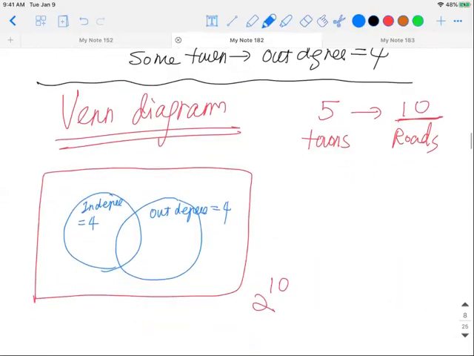So the $1 million question is here. The overlap part is the part where they still have some terms with in degree 4 and some terms with out degree 4. Please help me to determine what is the number of those guys. As long as you know the number of those guys, the question asks, what is the valid area?